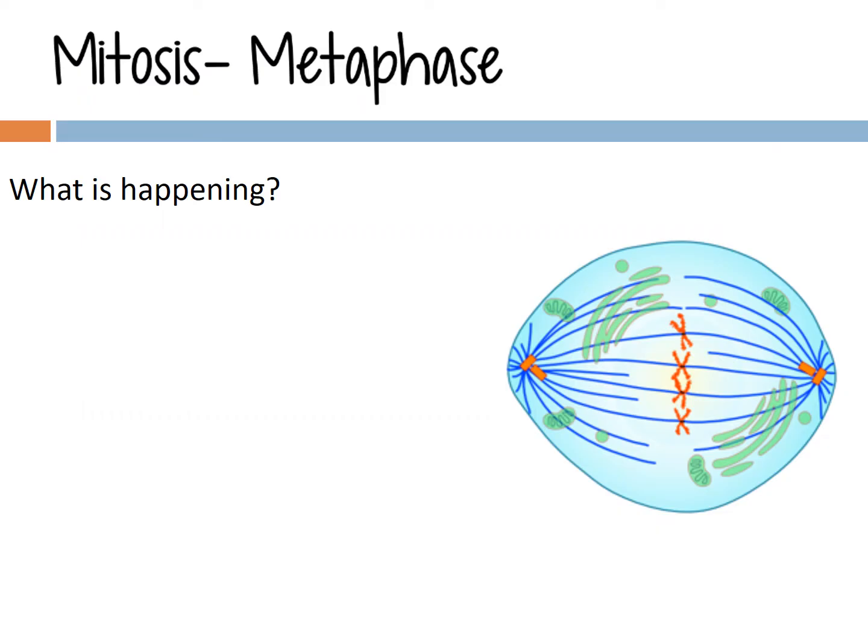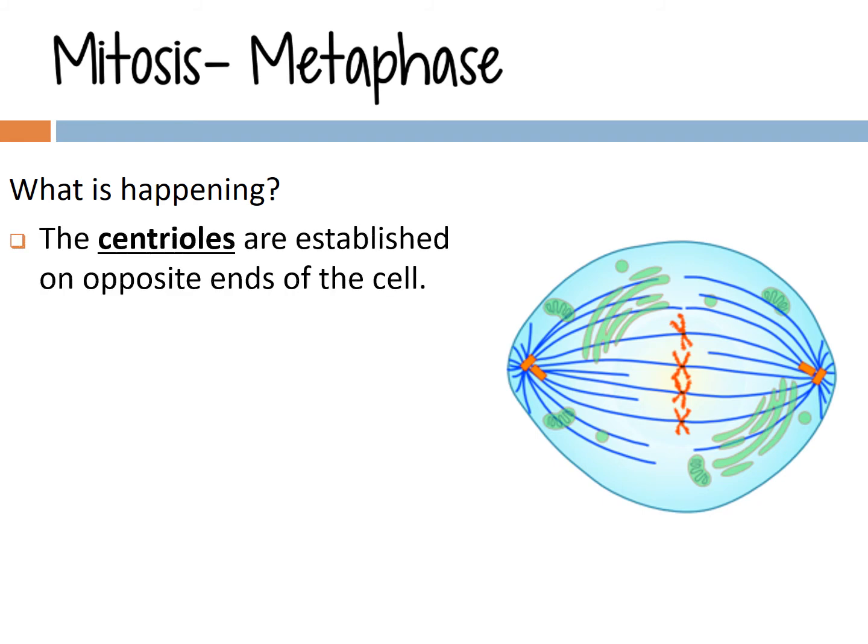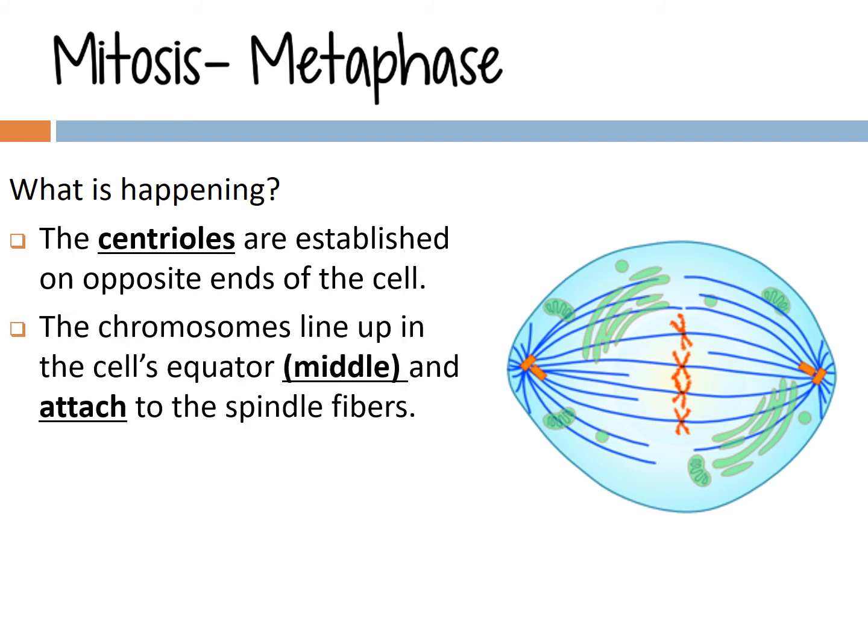So we move on to the next phase. Once the cell has gone through that, it's condensed, and we have our spindle fibers. What happens during metaphase? Well, the centrioles are established on opposite ends of the cell. The chromosomes line up at the cell's equator, which is the middle, and they attach to the spindle fibers.